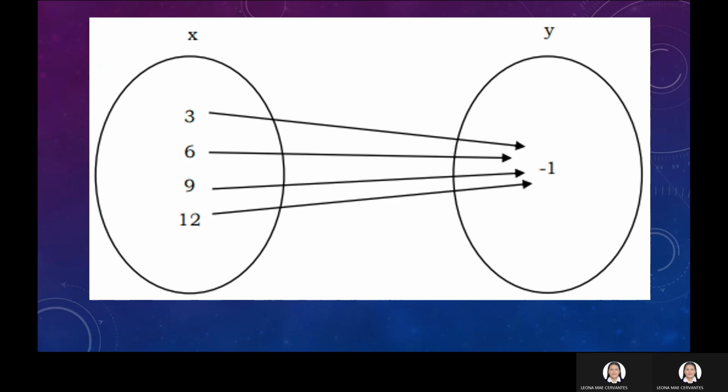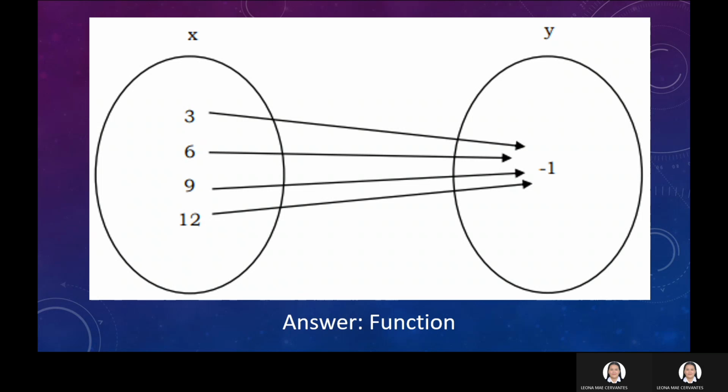Since this is an example of many-to-one relation, and many-to-one relation is considered as function, then this is an example of function. So when we express this as an ordered pair, we have (3, -1), (6, -1), (9, -1), (12, -1).